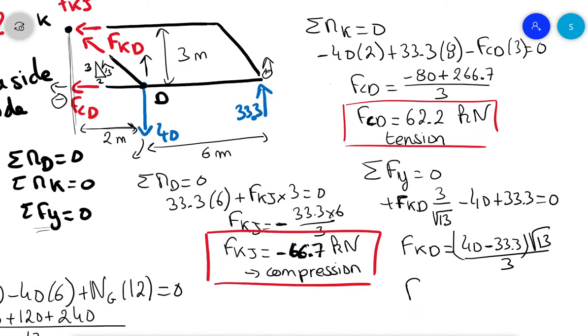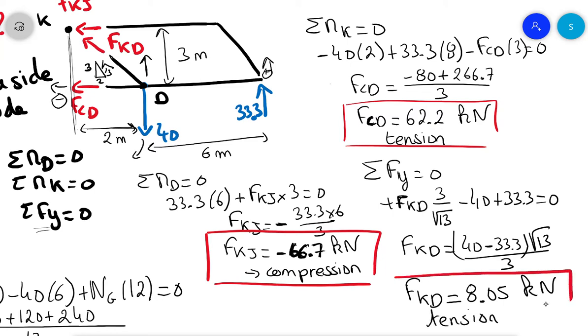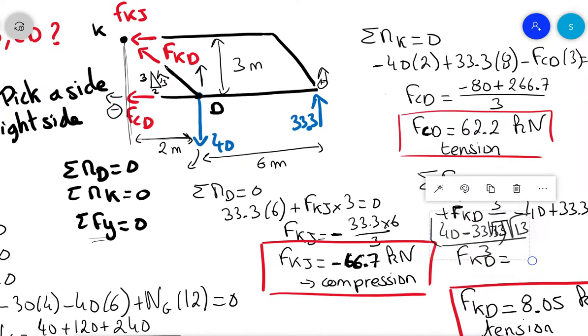So we have FKD is equal to 40 minus 33.3 times the square root of 13 and divided by 3, 8.05 kilonewton, and it's plus, so it's tension. We guessed the right direction. Here we go.